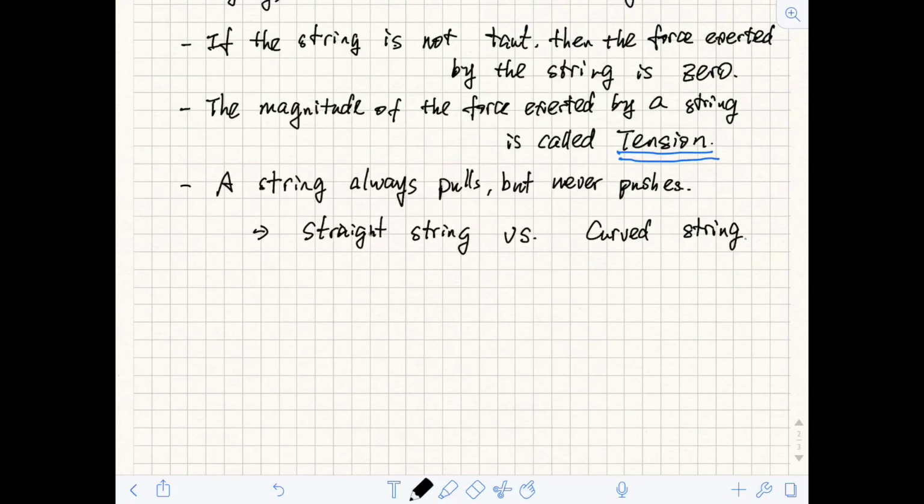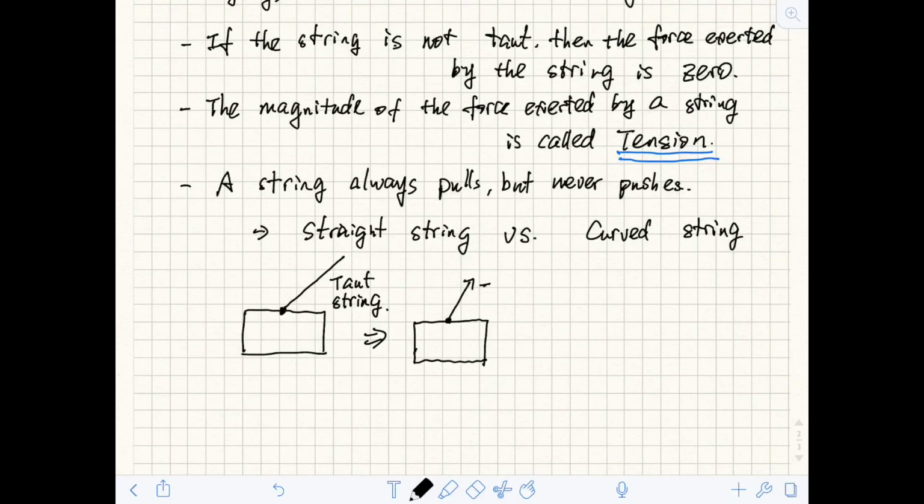By a straight string, if we have an object and the string is attached to the top of the object, and we have a taut string, we can convert this diagram to a free body diagram as shown. The force, or the tension exerted by the string, and the direction of that force will be aligned with that string. Let me just put that in parallel.